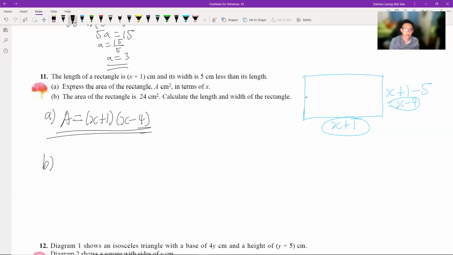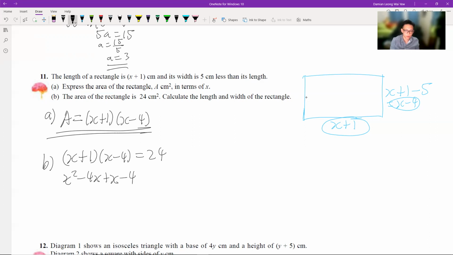We are given area is 24. Find the length and width. I will get x plus 1, x minus 4, the area equals to 24. Yeah. So again, no shortcut. You need to expand first. I have x squared, x times negative 4 minus 4x, 1 times x plus x, 1 times negative 4 minus 4.